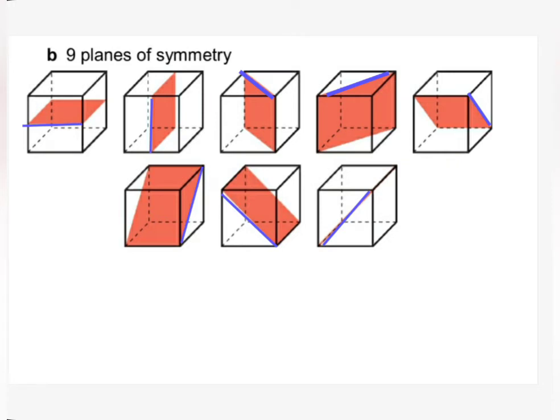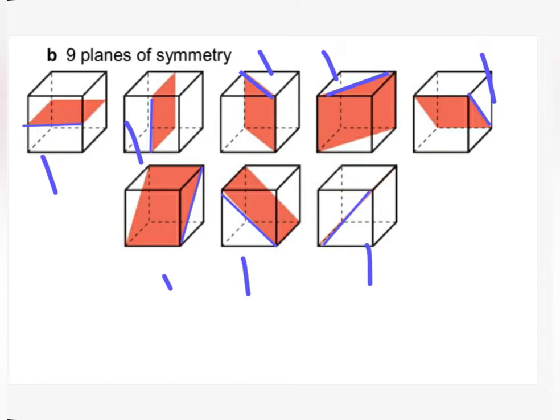So the cube itself has 8 planes of symmetry, not 9. Let's say it again. From the front, we have 1, 2, 3, 4. From the top, we have 1, 2. And from the side, we have 1, 2. So cubes have 8 planes of symmetry.